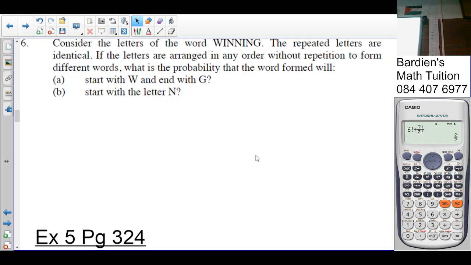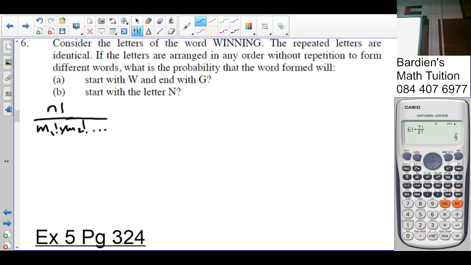That would be the case of n factorial over m1 factorial times m2 factorial and so on. You all agree with that, no? So that's n factorial over m1 factorial times m2 factorial and so on. Okay.